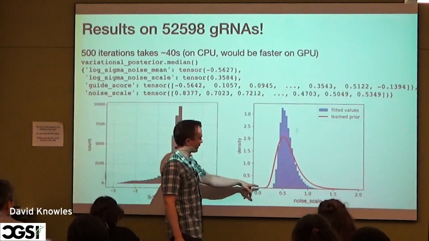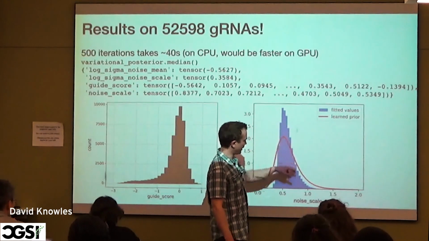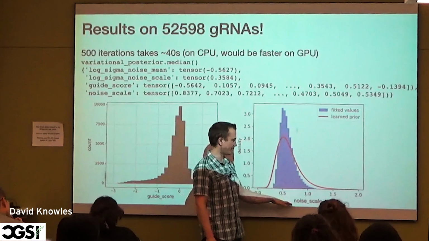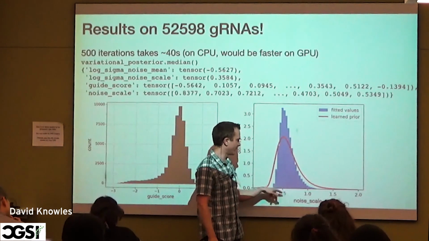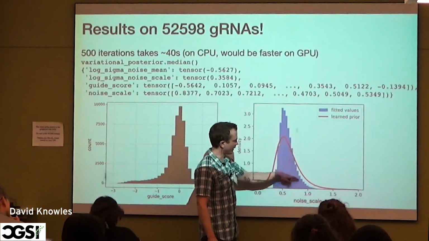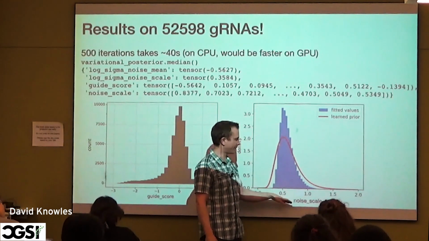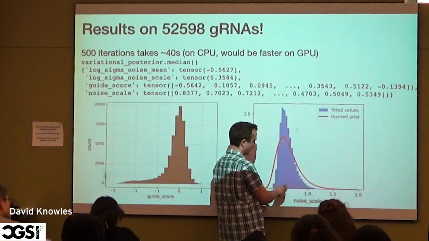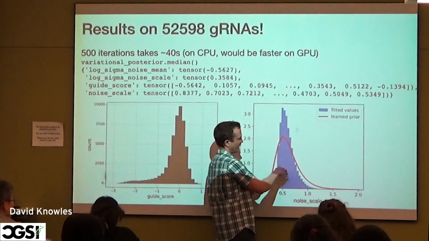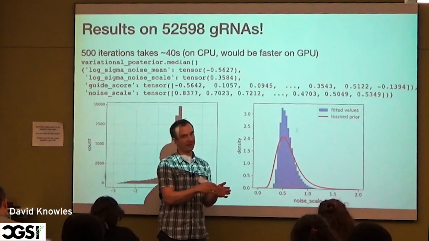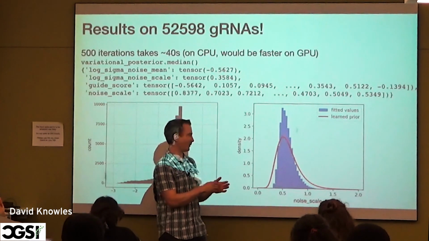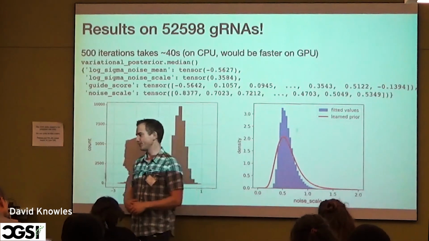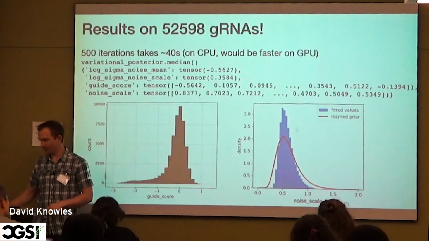And then this red line is the learnt prior distribution on the noise scales across all of the guide RNAs, and this is the actual distribution of the estimates of the noise scales for each guide RNA. You can see this is a bit narrower than this. That's because the histogram is just showing the mean of the posterior distribution for each noise scale. So there would be a bit more uncertainty that's not represented in the plot.